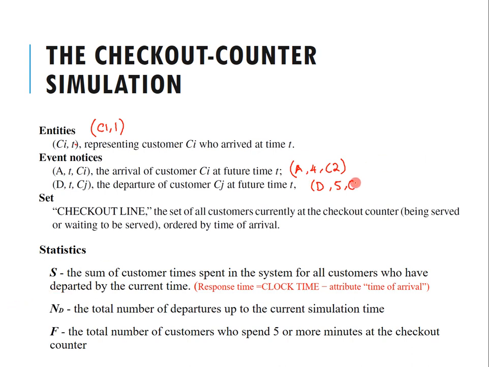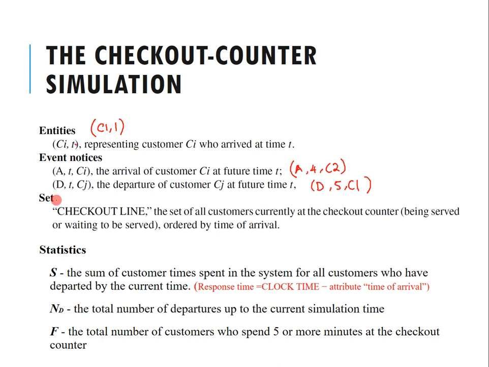C what was it? C1. So this means the departure of customer 1 at time 5. This is a notice that tells you what is going to happen at that future time. Set is normally a list.